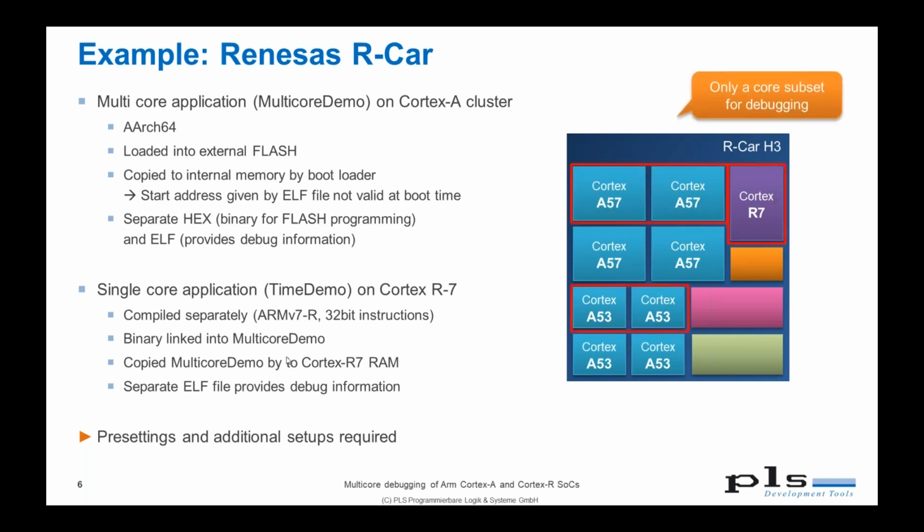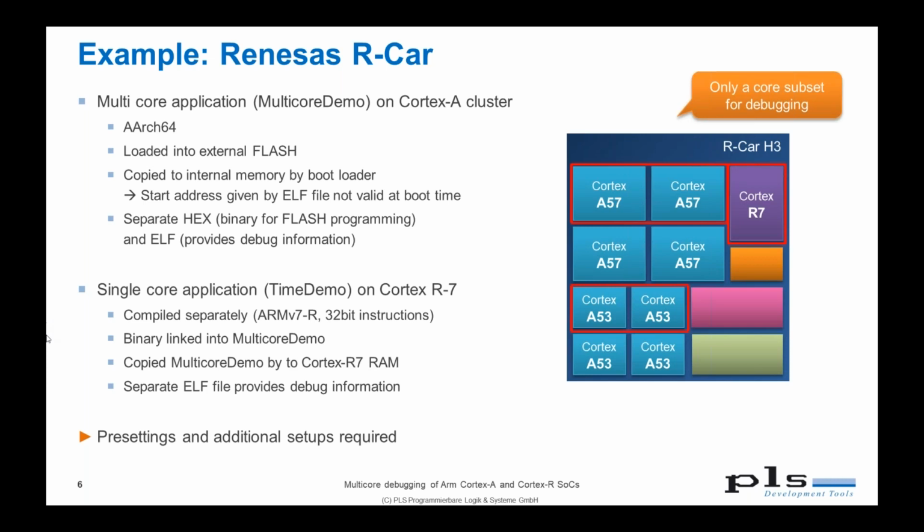Also in that example, I would like to reduce the visible cores. That means we want to debug only the Cortex-A cores and only the R7. In sum, these are 5 cores instead of 9 cores that we want to debug.